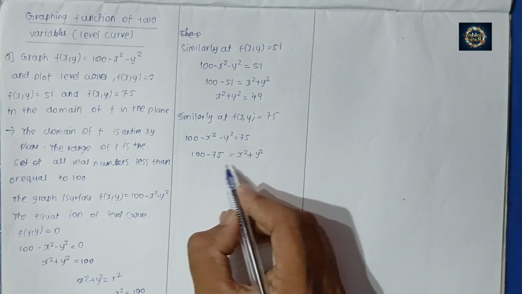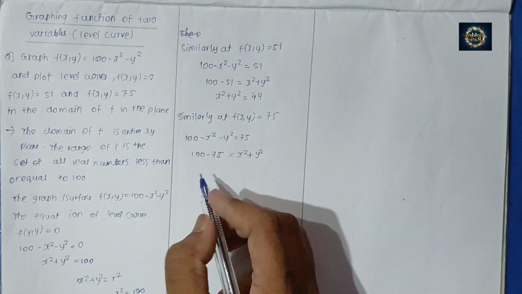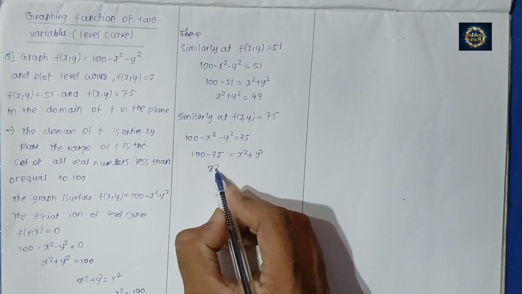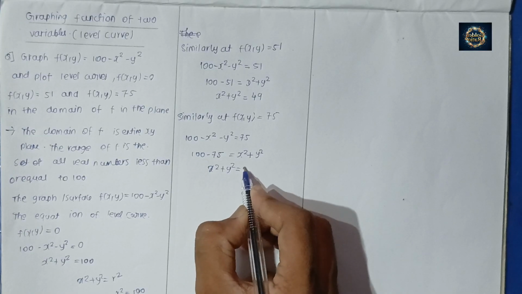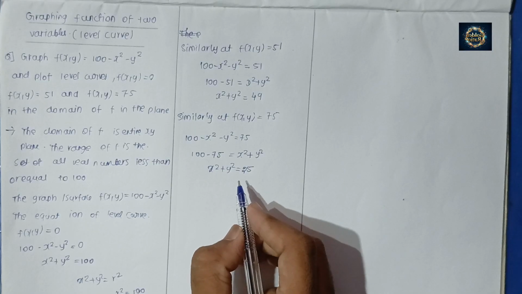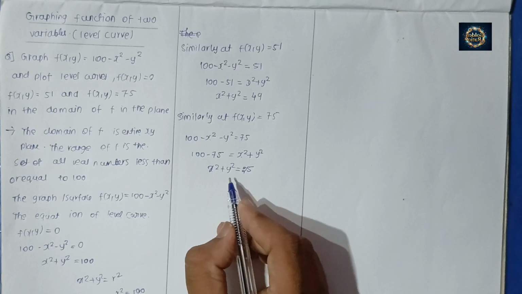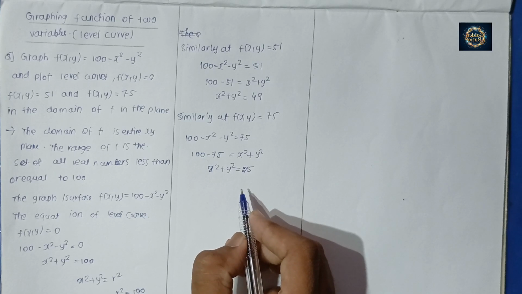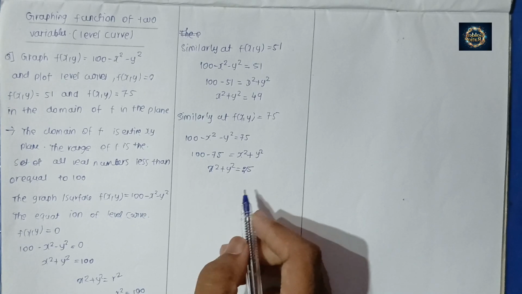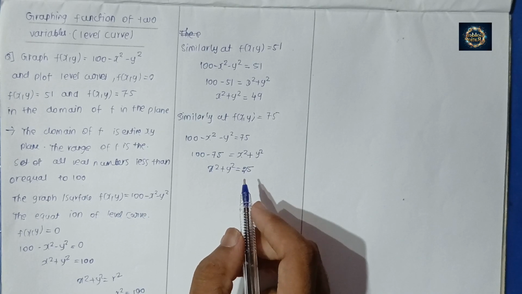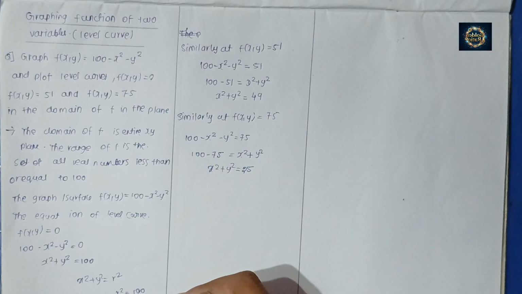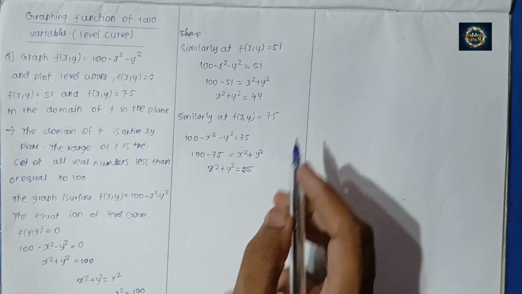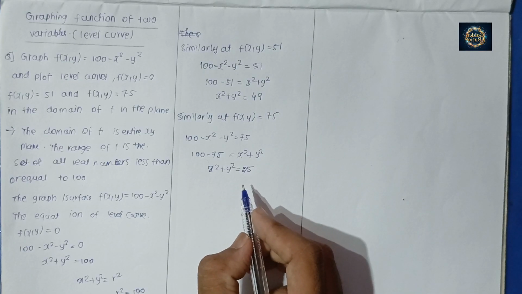So 100 minus 75 equals x square plus y square. 100 minus 75 is 25, so x square plus y square equals 25. So it is also a circle, x square plus y square equal to r square, where r square is 25, so r is 5. So we got three equations that are all circles with different radii: one with radius 10 units, another with radius 7 units, and the third with radius 5 units.